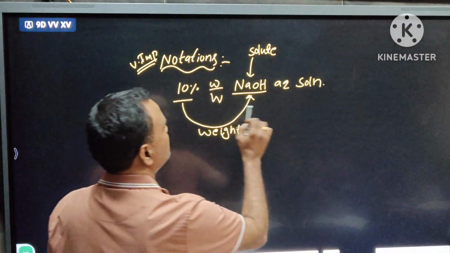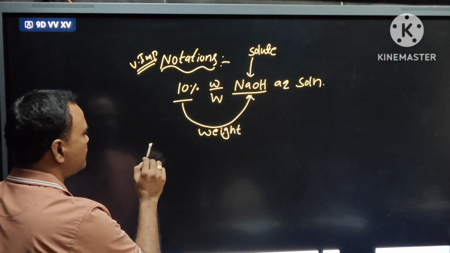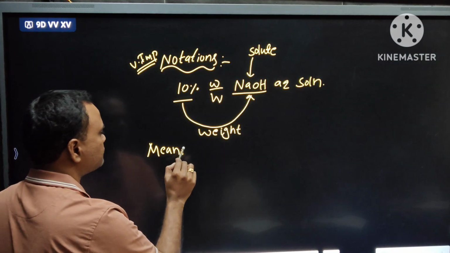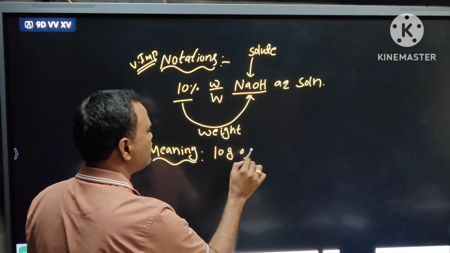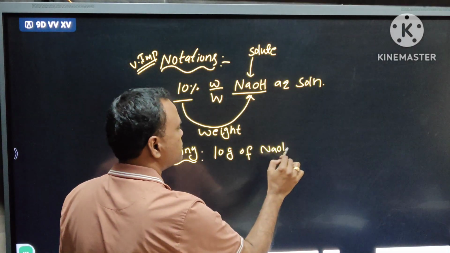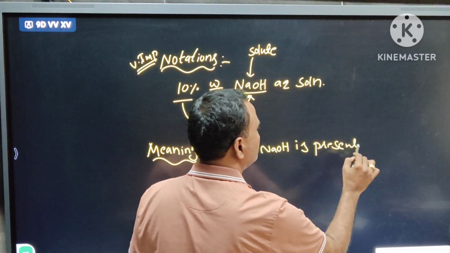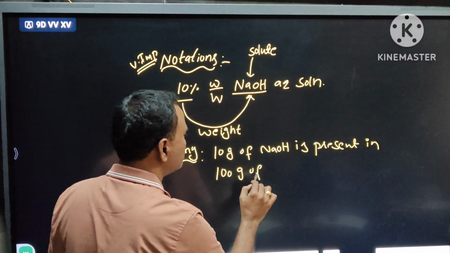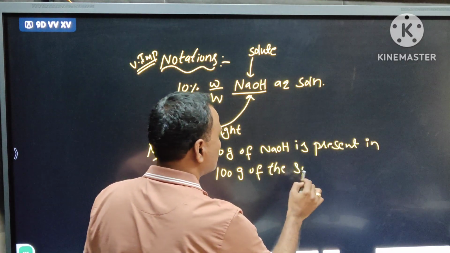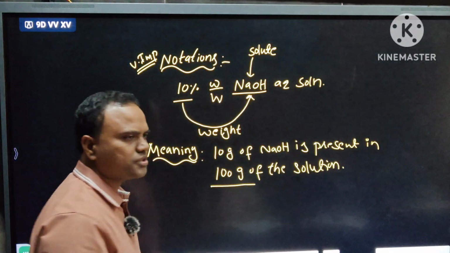Now you tell me, what is the weight of NaOH? 10 grams. See the meaning for the notation: 10 grams of NaOH is present in 100 grams of the solution. 100 grams is fixed.